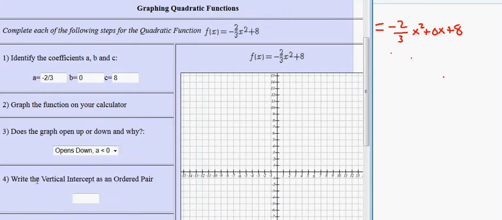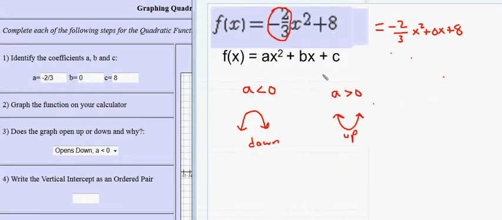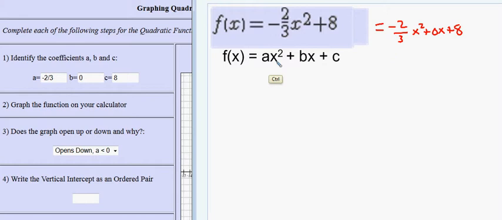It says, write the vertical intercept as an ordered pair, question 4. The vertical intercept in this one, it's always 0, c in general. If you plug 0 into the equation, let me clear all this stuff out, it's kind of muddying the water. The vertical intercept for any equation is what you get out when you plug in 0.